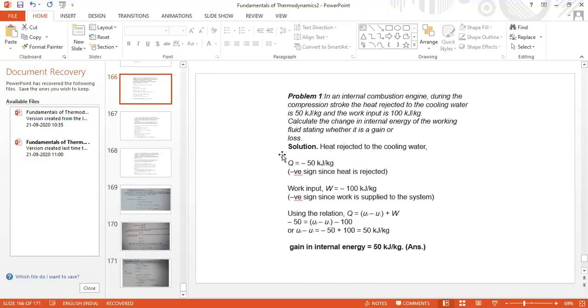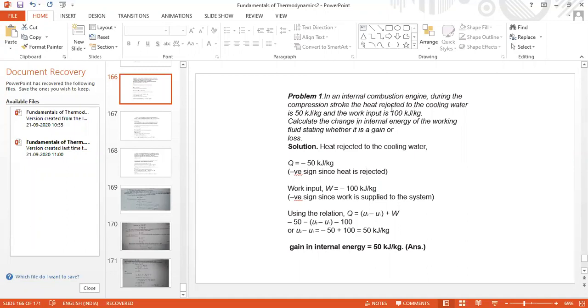That is how thermodynamics is an applied science, which can be applied to engineering devices. See here, during the compression stroke, the heat is rejected to the cooling water. What is cooling water? Outside the cylinder, there will be a cooling arrangement. All this you need not worry about.